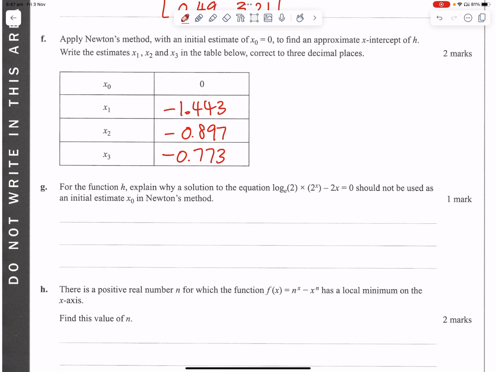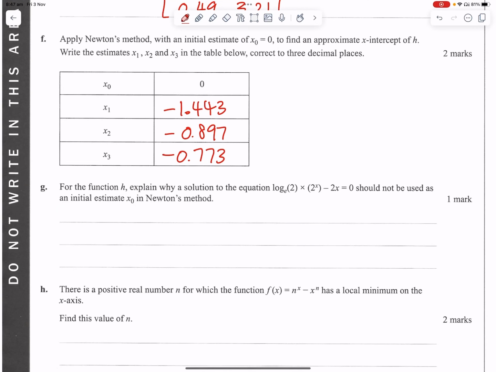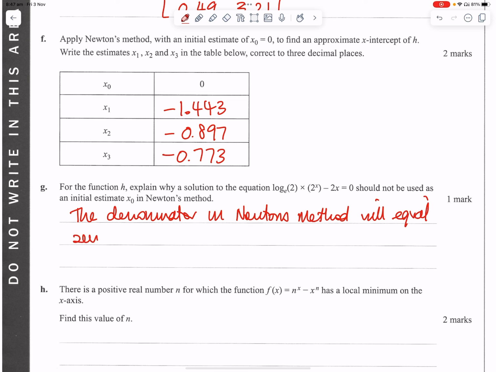Explain why that should not be used as an interval estimate. Log e 2 times 2 to the x. So that's the derivative. And if that equals 0, the denominator in Newton's method will equal 0.